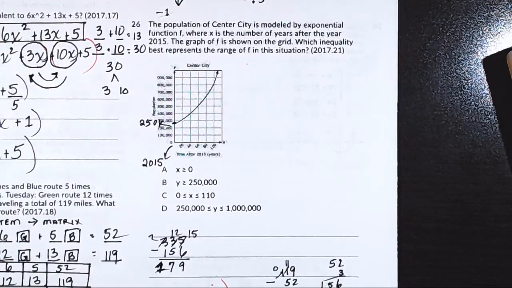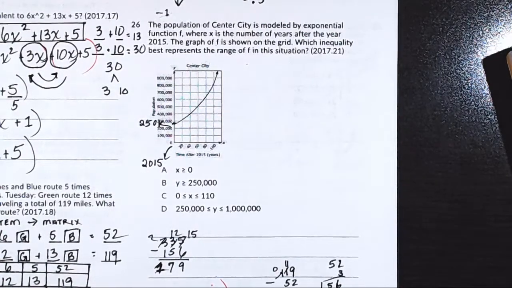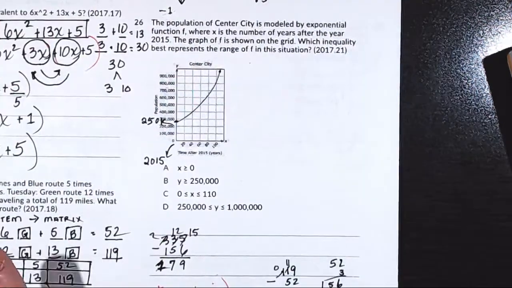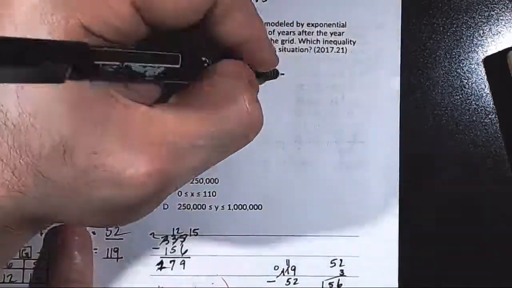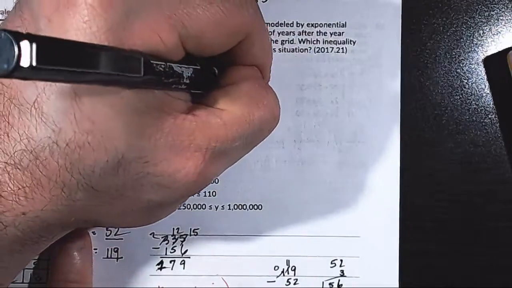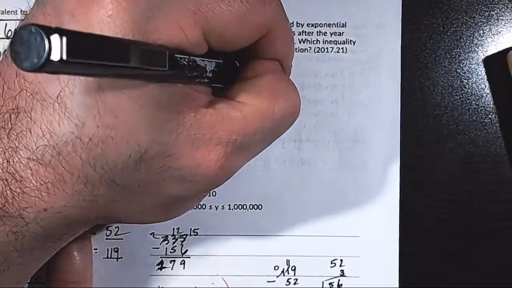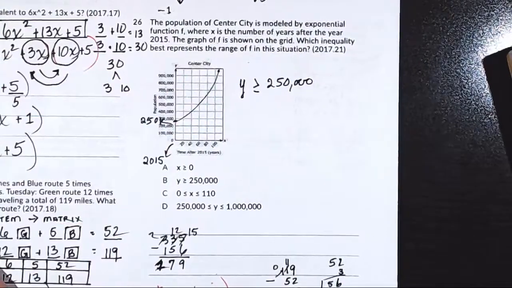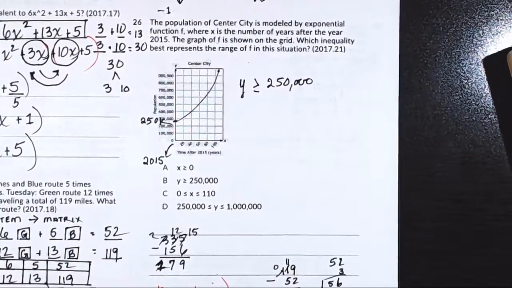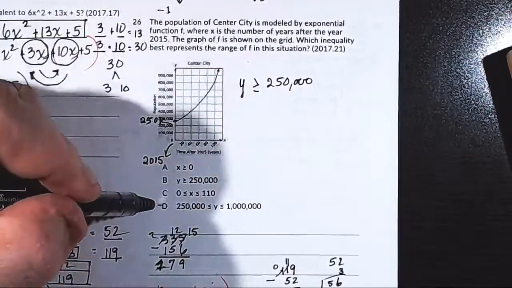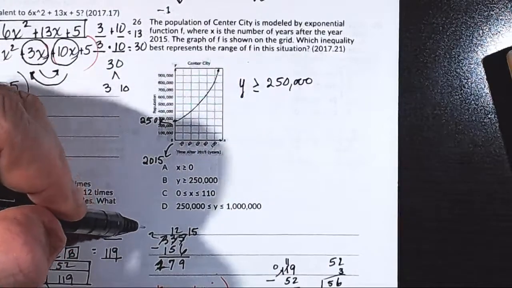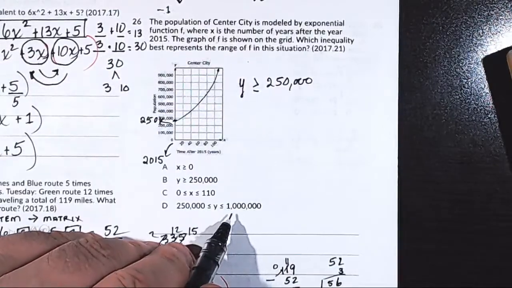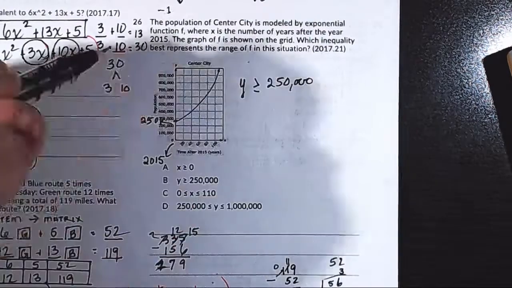And what is it asking me? Write an equation, or what is the range? Okay, so the range is y is greater than or equal to 250,000, because that is the starting value. It's incorrect to put an upper limit on this exponential function because it doesn't tell us there.